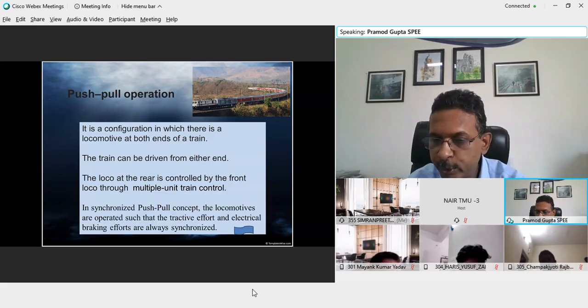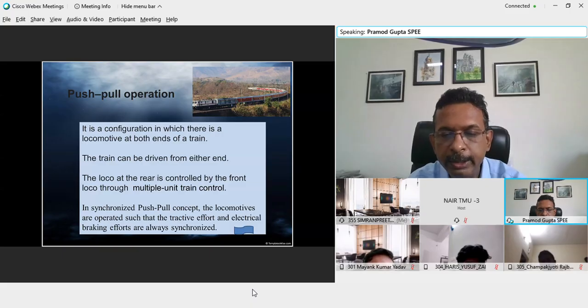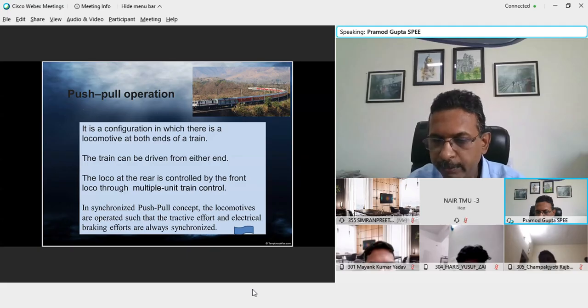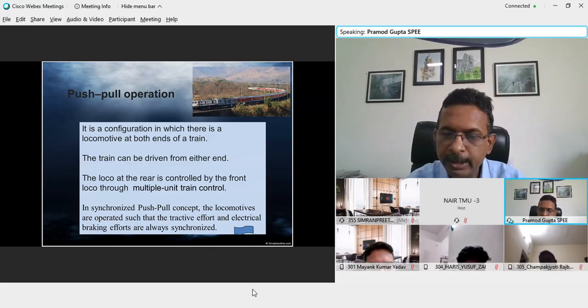It synchronizes push-pull operation in the sense that either both the locomotives should try to increase the speed, or both should try to stop. The mismatch should not happen. If there is a mismatch, there is bound to be a buckling or parting of the train. So synchronized operation is the basic requirement for push-pull operation.